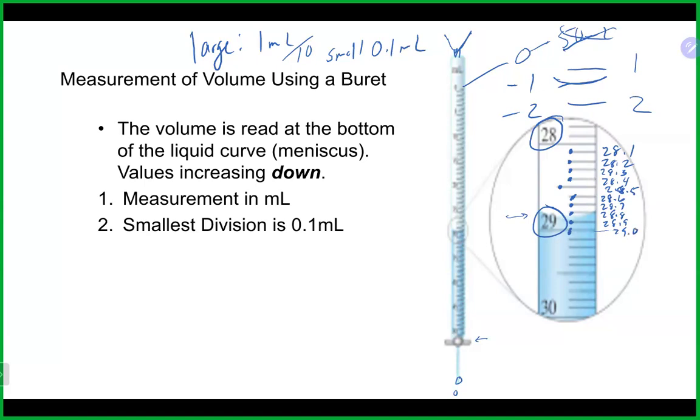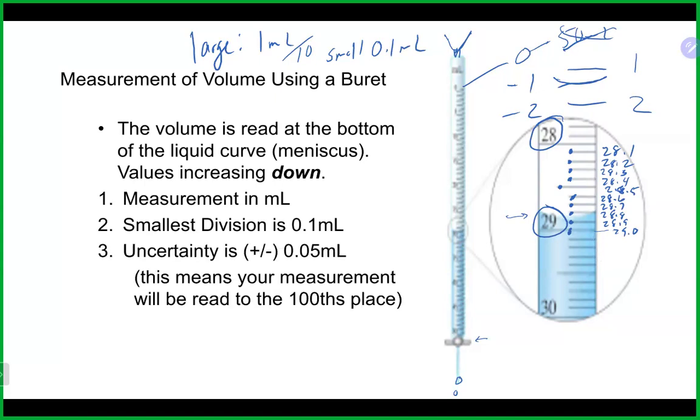Yeah. So when we look at our meniscus here that I scribbled all over, we could see that it is at least 28.8, which is right around here. So it's at least 28.8. And that would be our certain numbers.